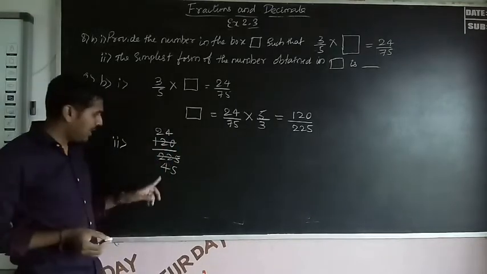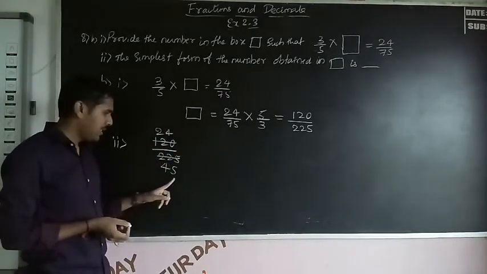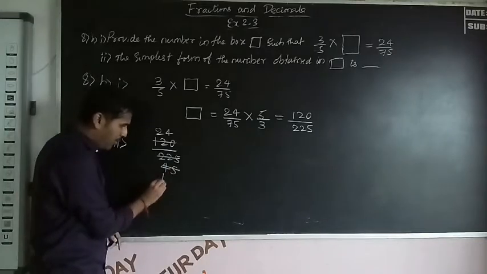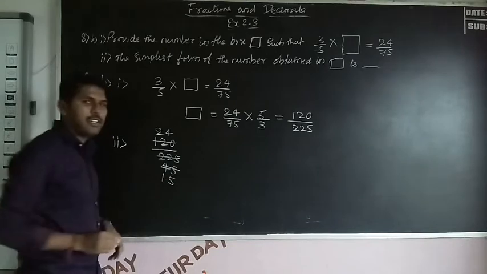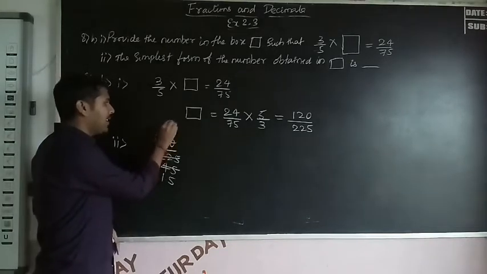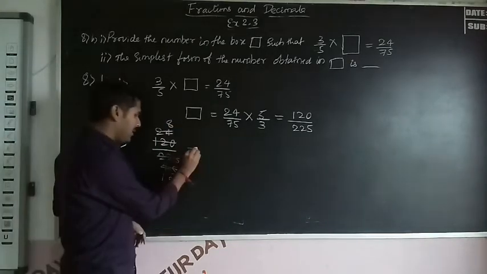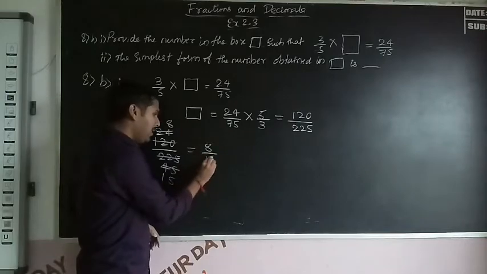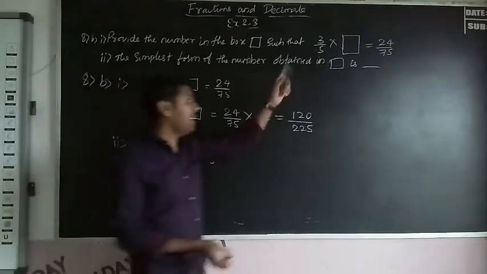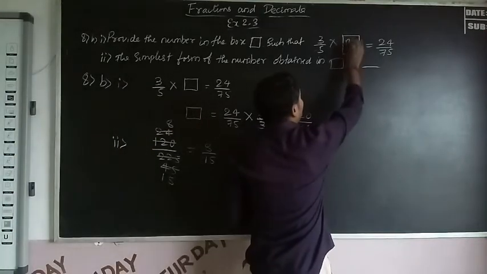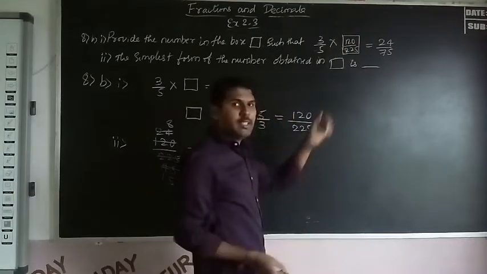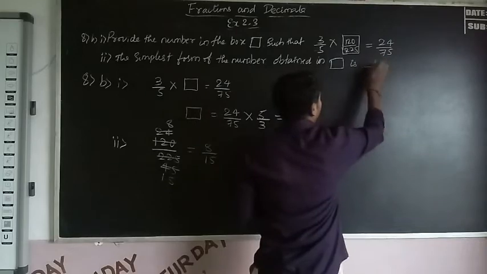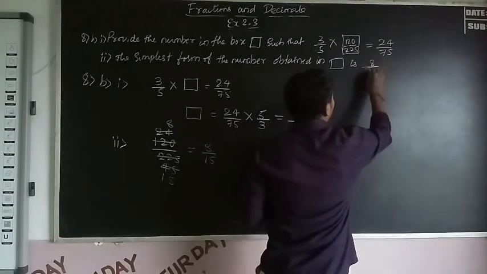Next again, here division is possible. Yes, 3. 3 ones are 3, 3 5s are 15. Next, 3 8s are 24. So what do we get as an answer? Simplest form is 8 by 50. So here the answer for the first one is 120 by 225 and the second one answer is 8 by 50.